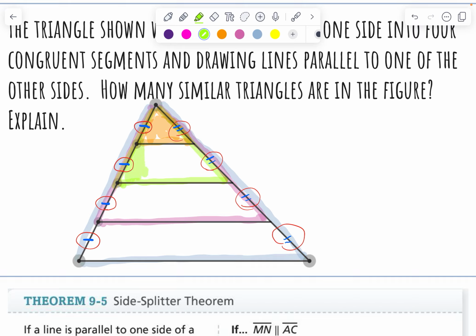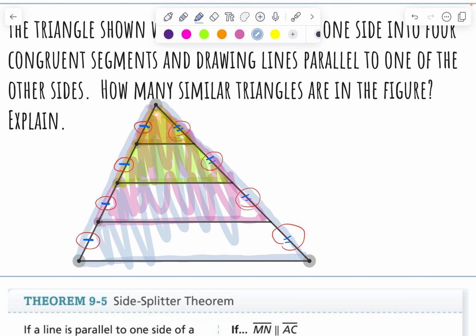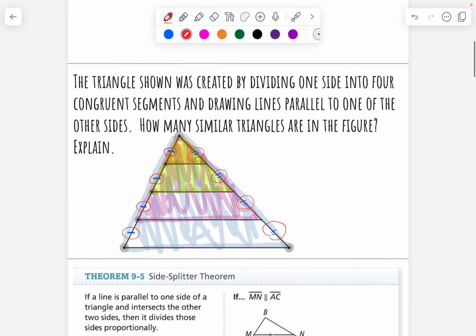And then we have 2 triangles, 3 triangles, and 4 triangles. So 4 similar triangles were created when we drew 3 parallel segments.